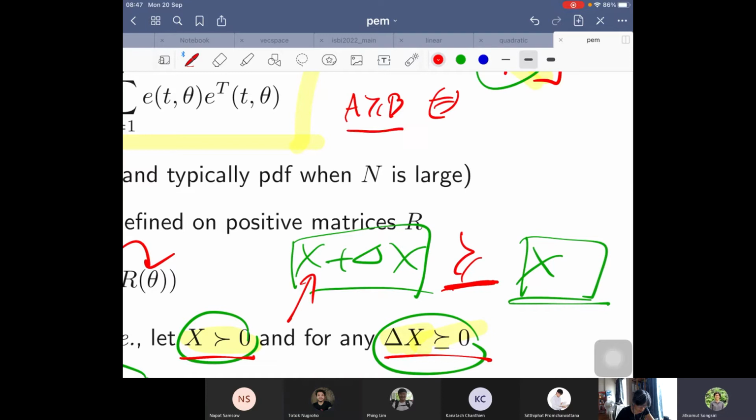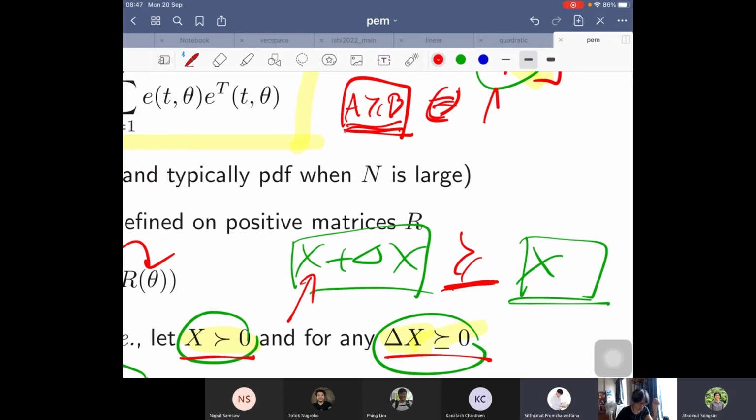When we compare two matrices in a matrix sense, matrix A is bigger than B if and only if what is the definition? Recall the definition of how you can compare two matrices.